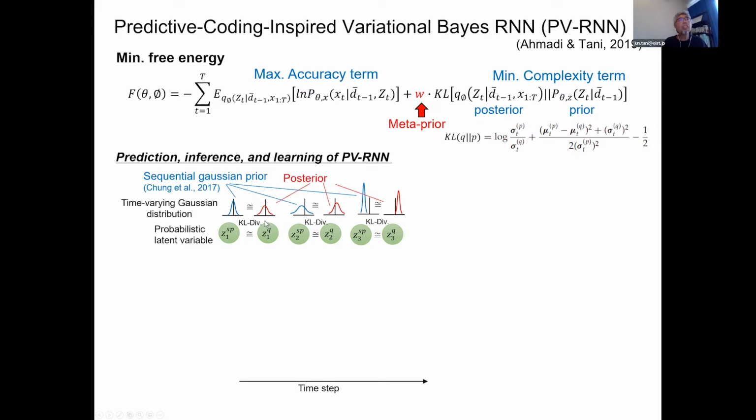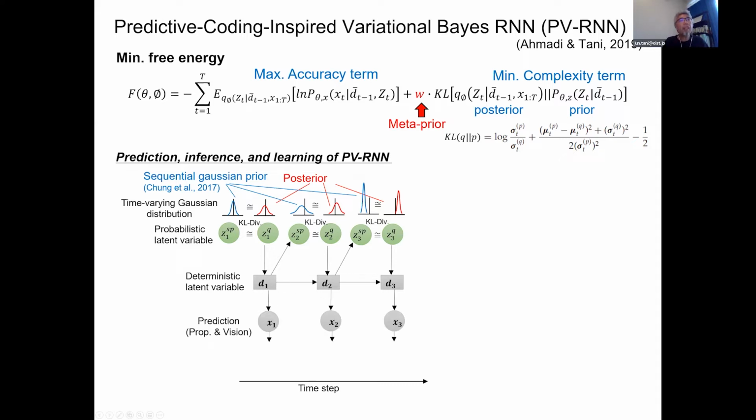And then we have the posterior; how to obtain the posterior I'm going to explain later. Having this posterior, we have a deterministic latent variable changing in time, and this one is further mapped to the sensation prediction, like a vision perception.